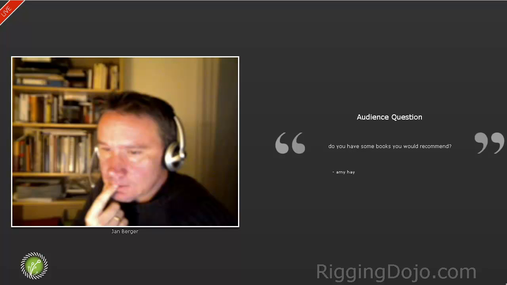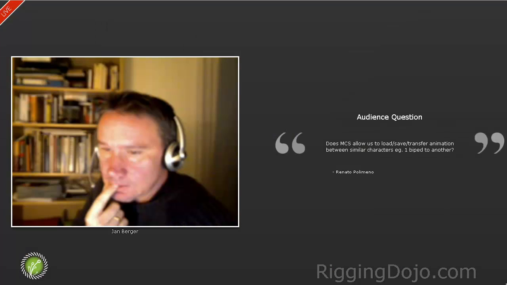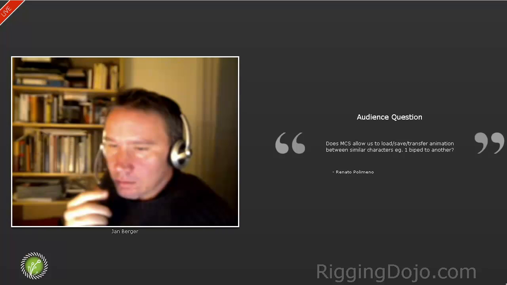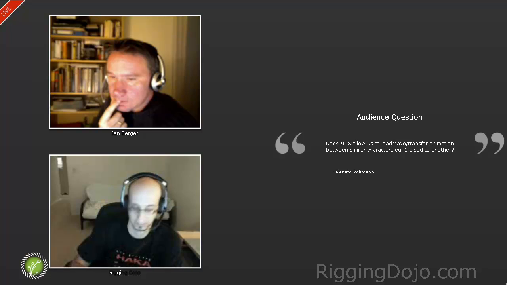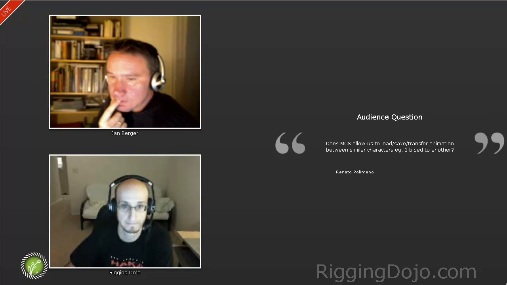Does MCS allow us to load, save, and transfer animation between similar characters? Well, like I said, the whole library aspect of MCS is not implemented yet, but I have some code from another rigging project where I developed this whole library concept.